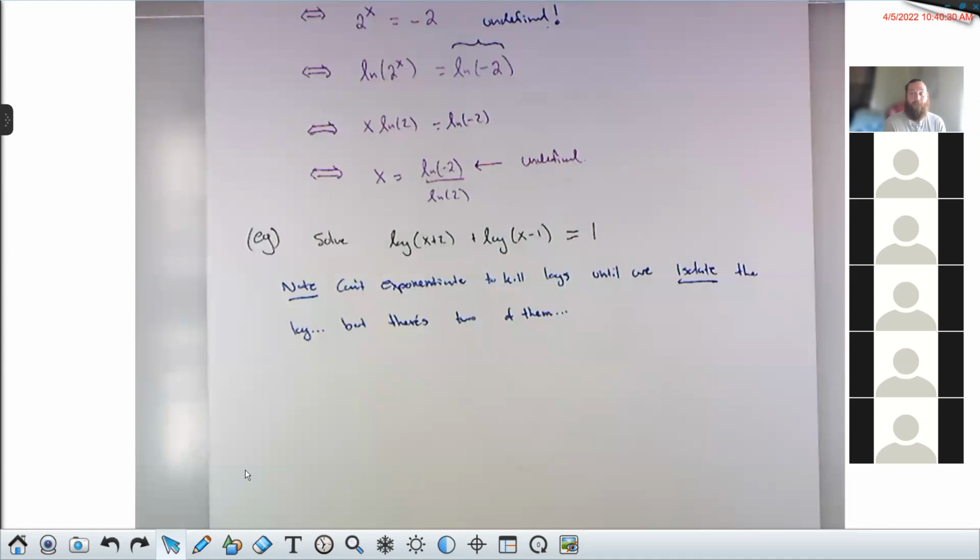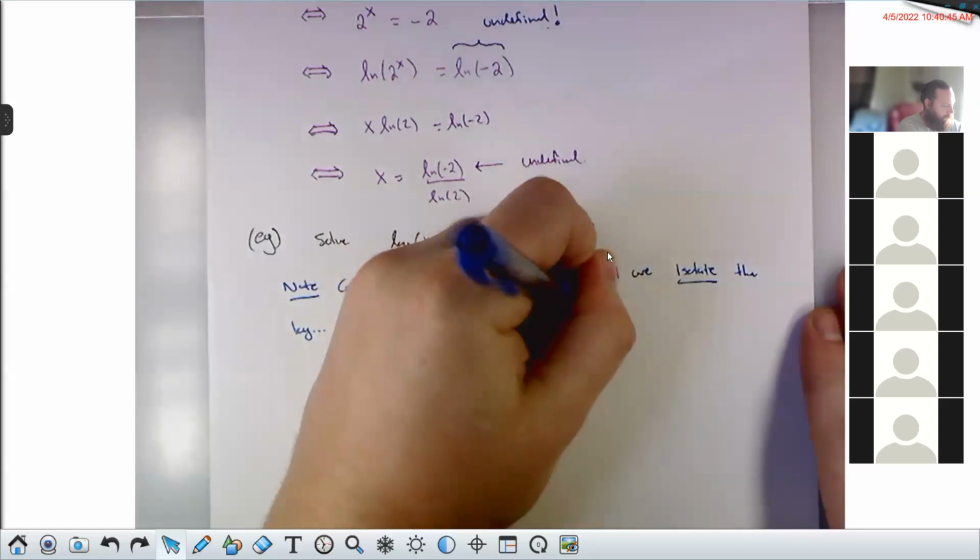Would you combine the two logs into multiplication? Yes, exactly. Equations like this are precisely why we went through that stuff with the log properties. So combine them into one.